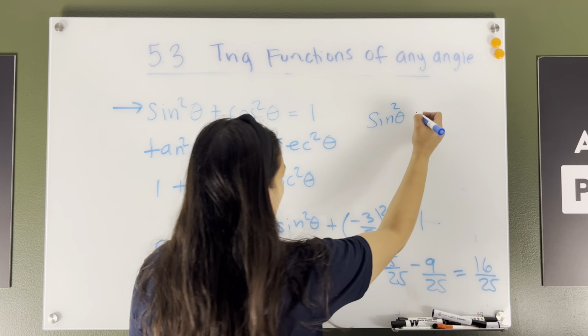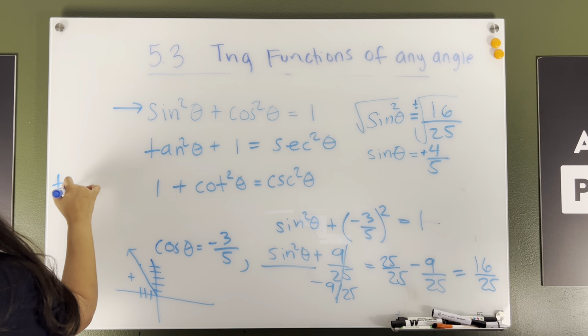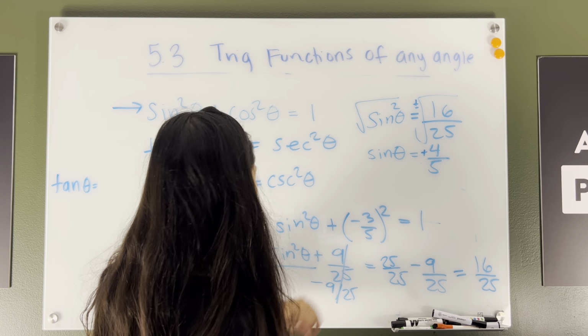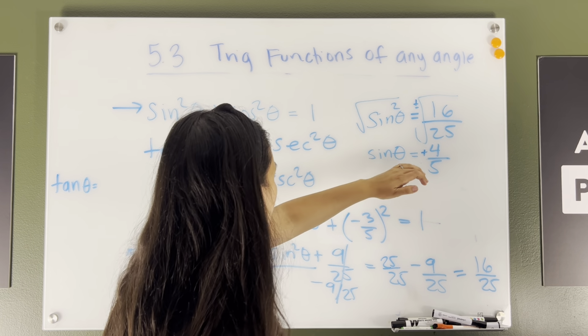Okay, awesome. And then now that we have sine and cosine, we can just get tangent. Remember that tangent is sine divided by cosine. So that would be 4/5 divided by -3/5.